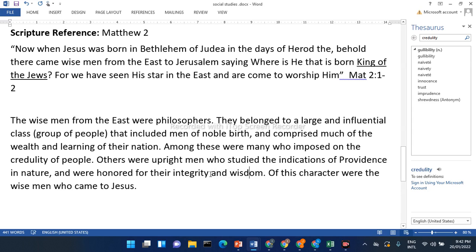So remember, what we're basically trying to say is that the wise men who came to Jesus were actually a part of a larger group. That larger group consisted of bad people and good people. But all of them were rich, and all of them were at the top of their line when it comes to intellectual matters and smartness.